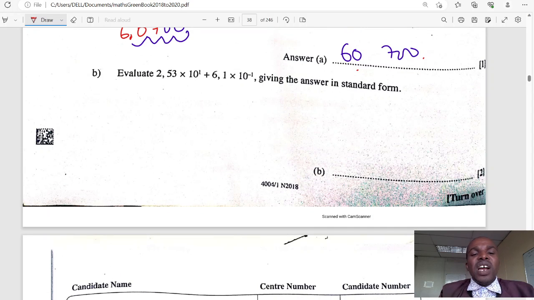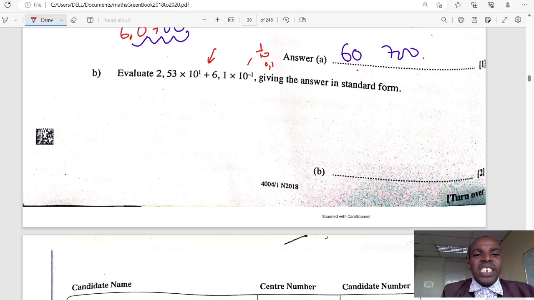Then B, evaluate, giving your answer in standard form. There is a plus sign here, which means you can convert to ordinary form first, then add in ordinary form, then convert back to standard form. 10 to the power negative 1 is the same as 1 over 10, or 0.1.